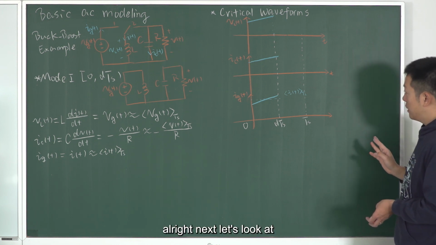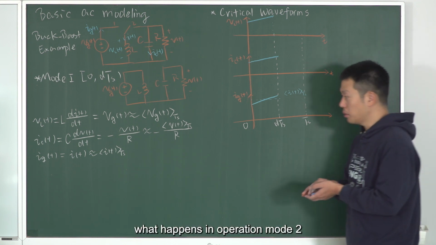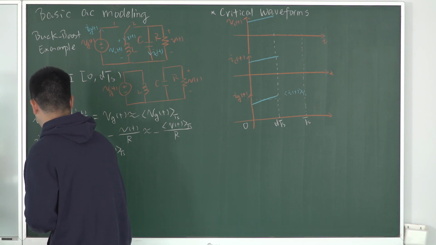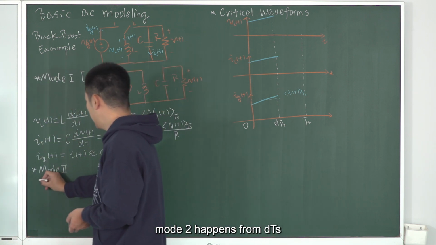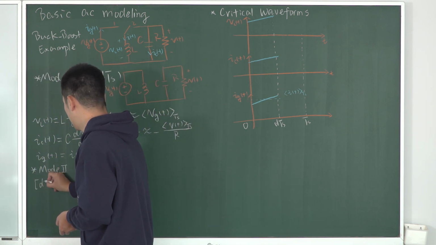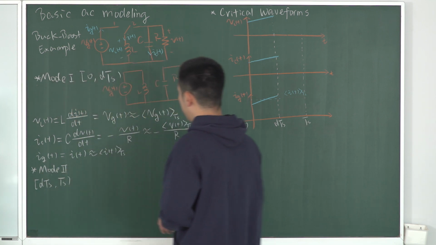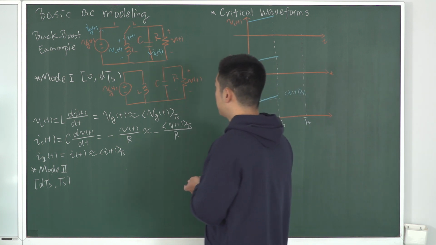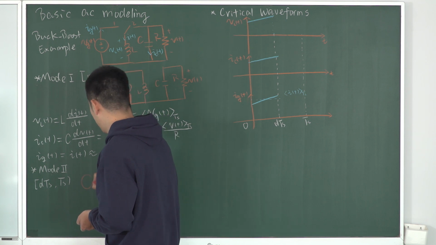All right. Next, let's look at what happens in operation mode 2. Mode 2 happens from dTs to Ts. In mode 2, the switch is pushed to position 2, but the input source is opened.